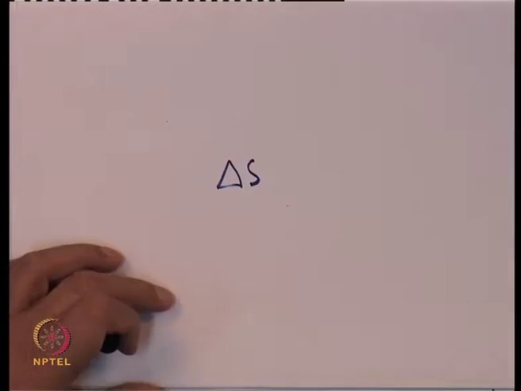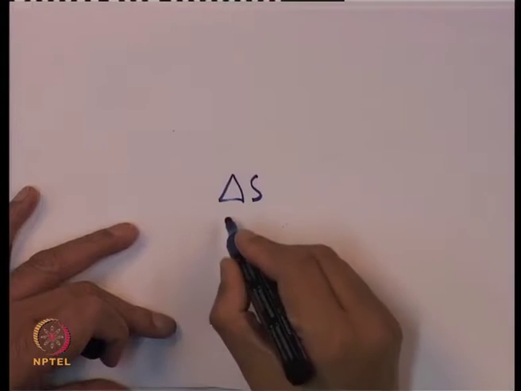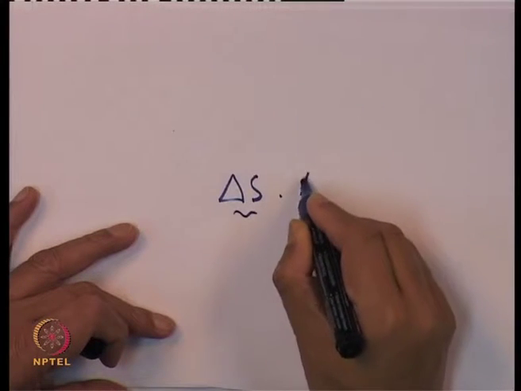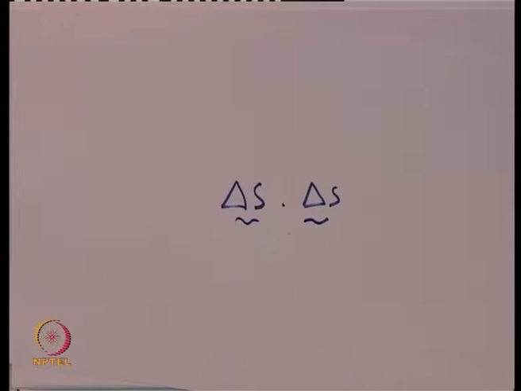Now, we agreed that this displacement 4-vector would also obey exactly the same transformation equation. If it does, then obviously if I take a dot product of delta S with the same delta S, this will be equal to the length of the 4-vector, rather the length square of the 4-vector.